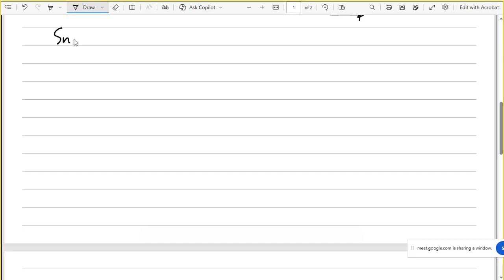Sn is equal to 32 minus 32 into 1 over 2 to the power n.